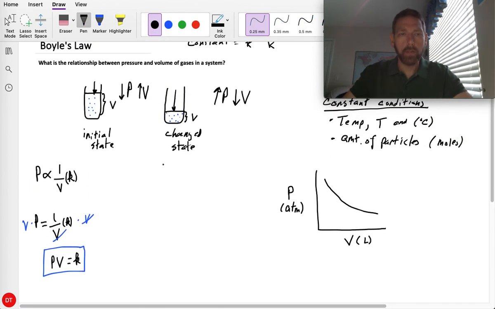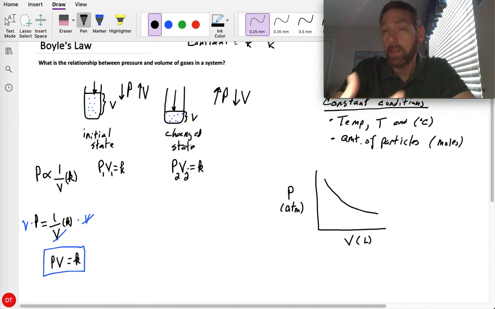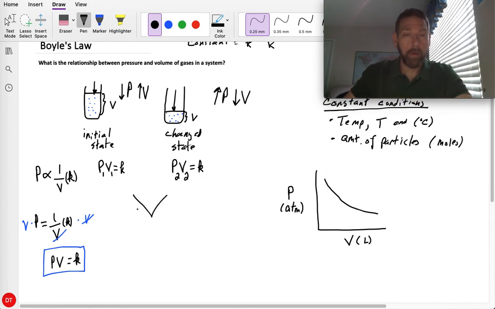So what that means is, we've got an initial state, right? We've got the pressure times volume equals the constant. But let's think about this. This was our initial state, and this is our secondary state, the new system, the change in the original condition, right? So now we can go back to what we've learned in our math, and we realize that pressure times volume equals K. All I'm doing is bringing that down.